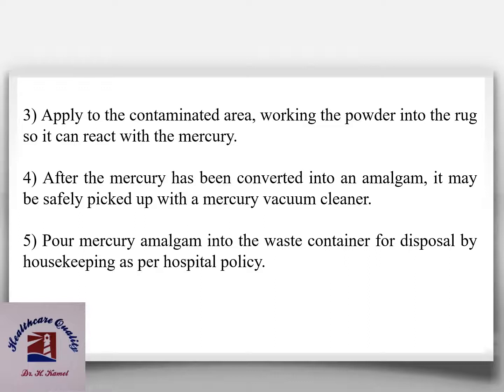After the mercury has been converted into an amalgam, it may be safely picked up with a mercury vacuum cleaner. Pour the mercury amalgam into the waste container for disposal by housekeeping as per hospital policy.